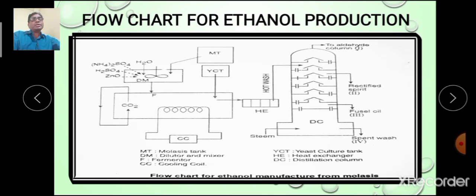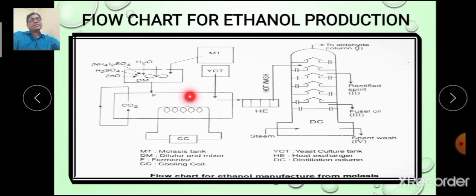This is the dilution tank, and it is totally stirred to mix the matter uniformly. Now this matter enriched with the nutrients is taken for the further process. The yeast from the yeast culture tank is brought in contact with this diluted molasses.